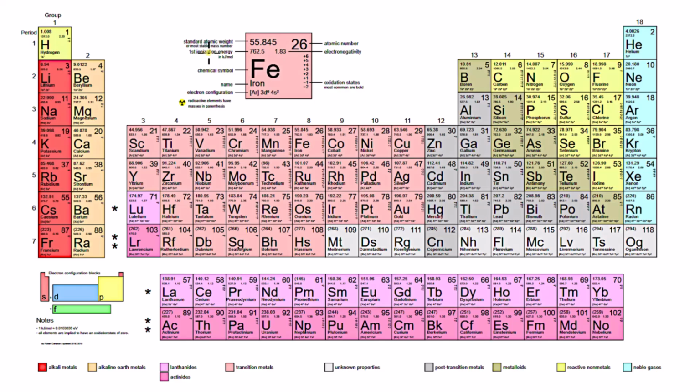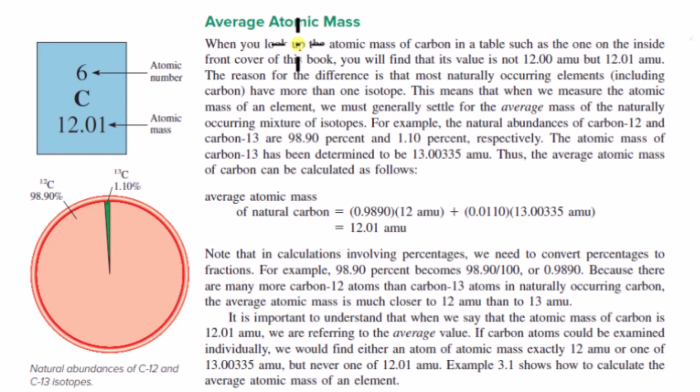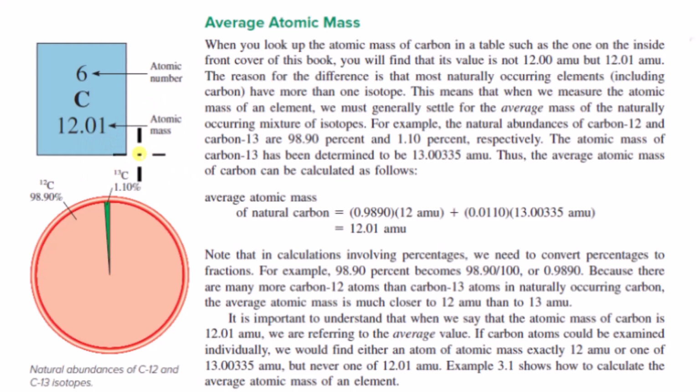Okay, now a common convention is to refer to these elemental masses as atomic weight and then use the term atomic mass specifically in the case where you're talking about an actual specific atom, a specific isotope. However, you can see here that the textbook adopts the convention that you can use the terms atomic mass and atomic weight interchangeably, however you want, right?